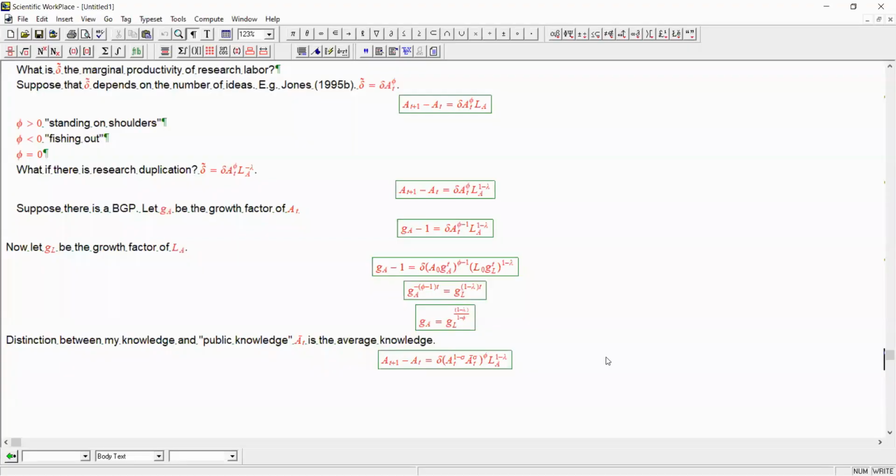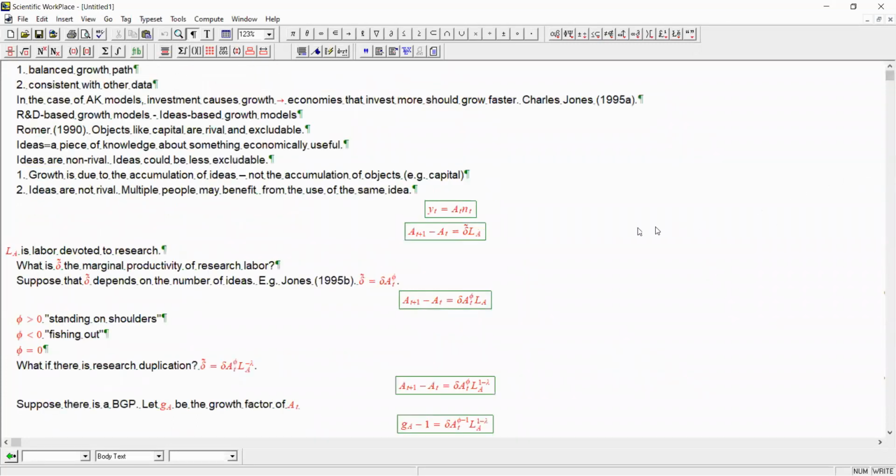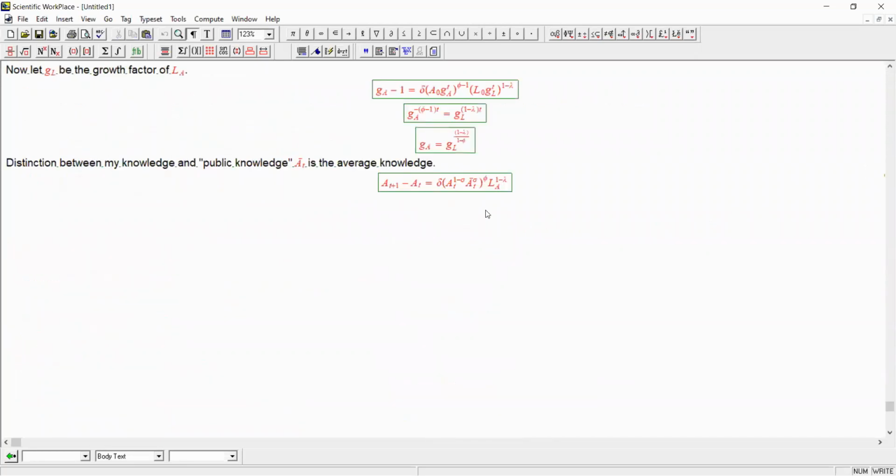Another possibility is that so far we've assumed that these ideas show up here in the production function. But maybe that's not the only place where ideas can show up. Consider the alternative possibility.